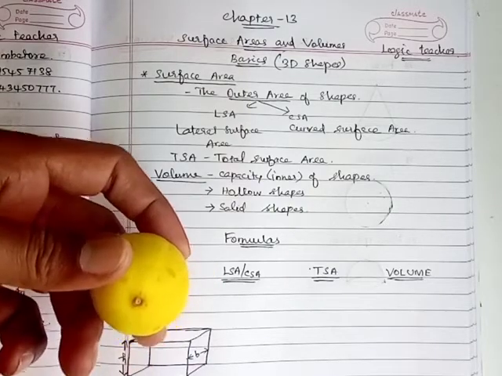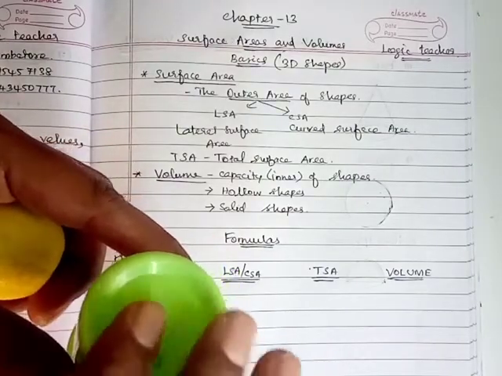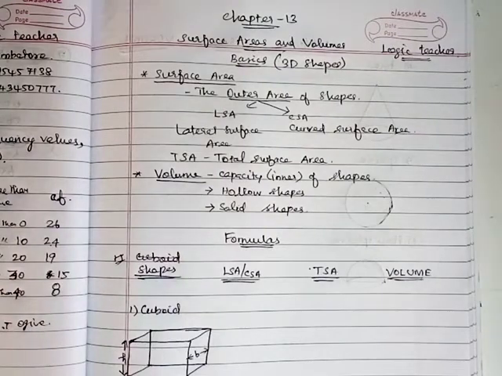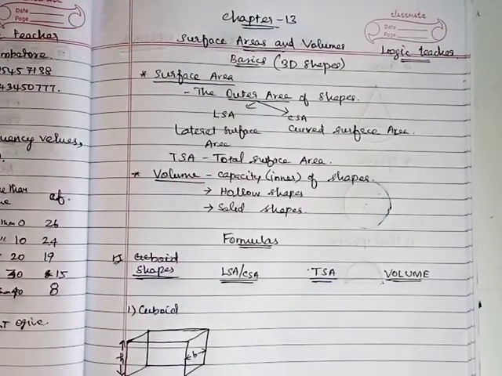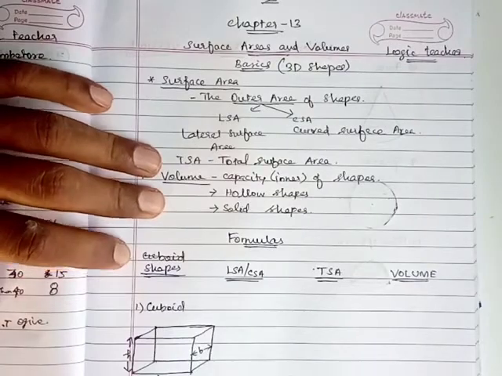So we have hollow shapes and solid shapes, which are fully closed and filled. Now we are going to see how to find the formulas for lateral surface area, curved surface area, total surface area and volume of the particular shapes. We are going to study the basic shapes today.